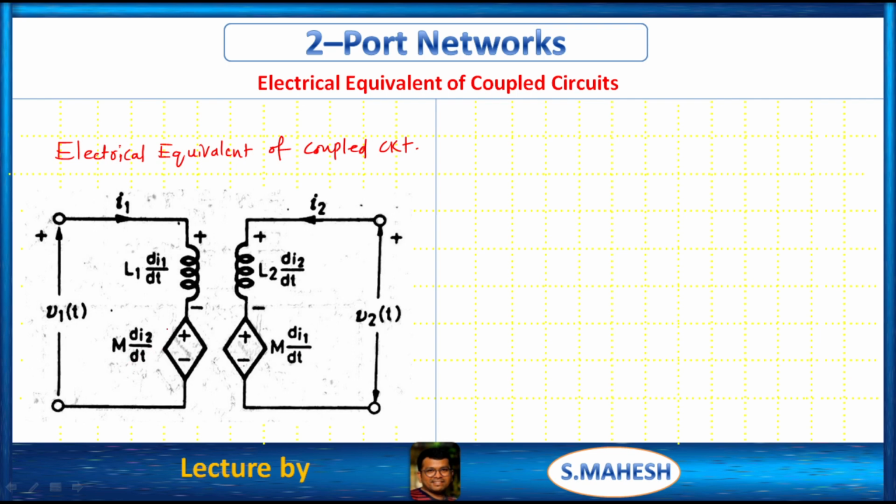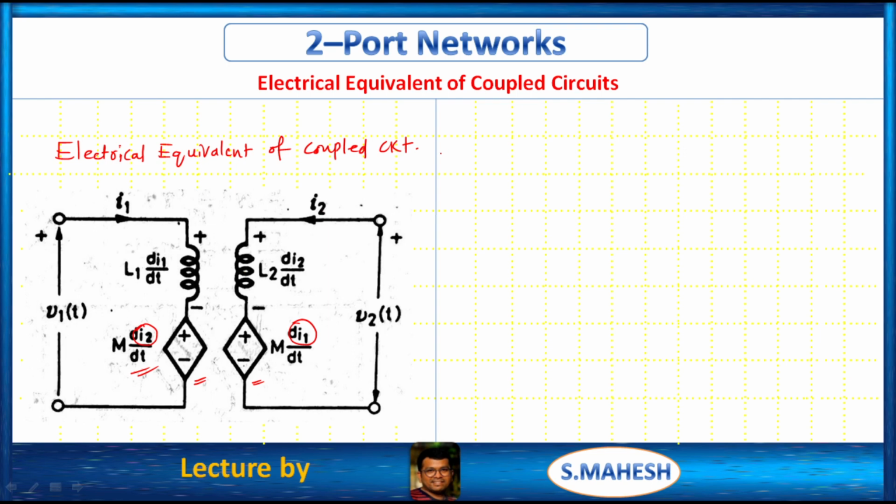It is represented with a dependent source, because the voltage in either circuit is controlled by the current in the other coil. The voltage in this coil is controlled by the current in the first coil, and likewise for the other. Therefore, we can represent this with a current controlled voltage source, right?